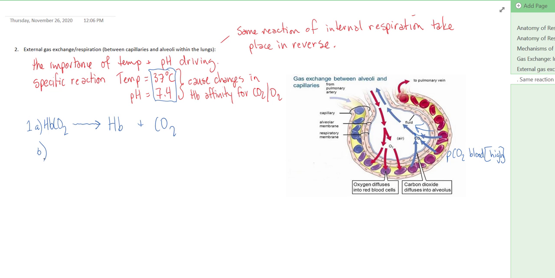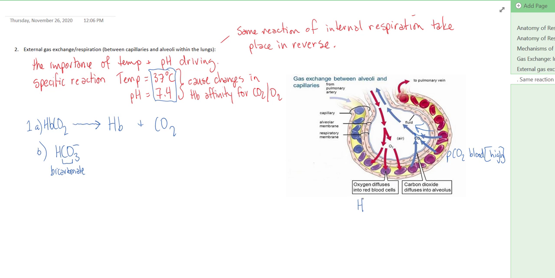The second reaction occurring in the red blood cell is that big long reaction that's going to now happen in reverse, where we have a lot of our carbon dioxide being carried in this bicarbonate ion. All right. And that reaction now happens in reverse, where the hemoglobin, and maybe I'll add this over here.